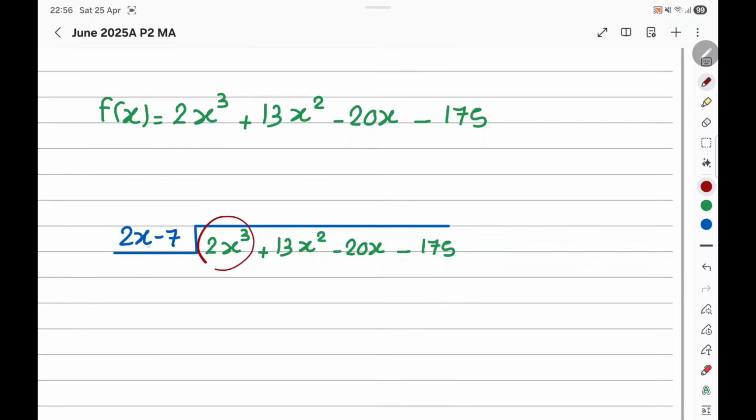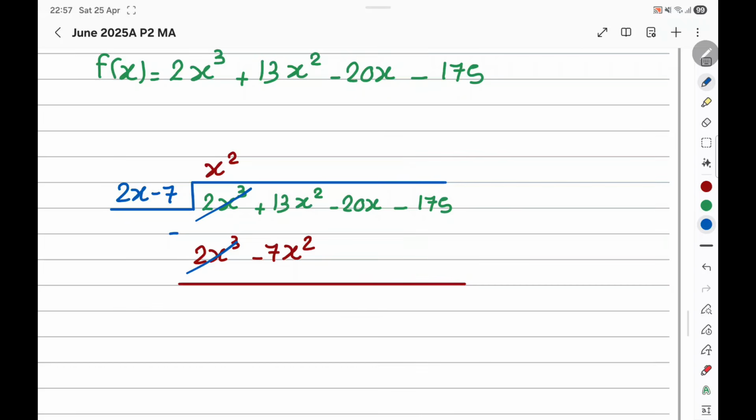2x cubed, divide the first by the first. 2x cubed divided by 2x is x squared. Then multiply x squared times 2x, 2x cubed. x squared times negative 7, negative 7x squared. Then subtract. 2x cubed minus 2x cubed is 0. 13 minus negative 7 is 20, so 20x squared, and negative 20x and negative 175.